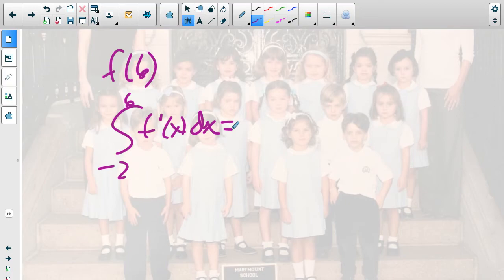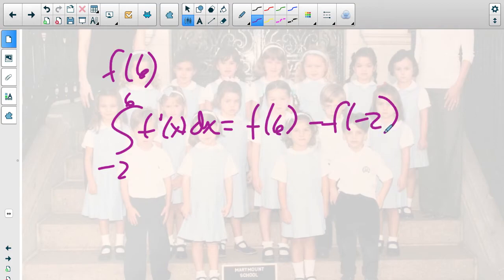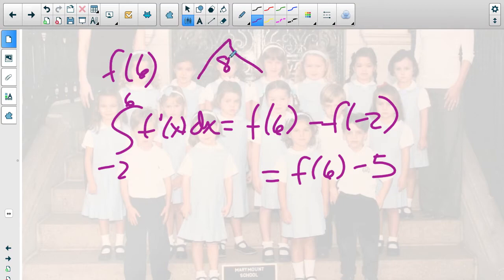I'd still go back to the givens in case I messed one up. I keep using the one they gave me. Is equal to f of 6 minus f of negative 2. This side is f of 6 minus 5. This side, we knew this was 8.